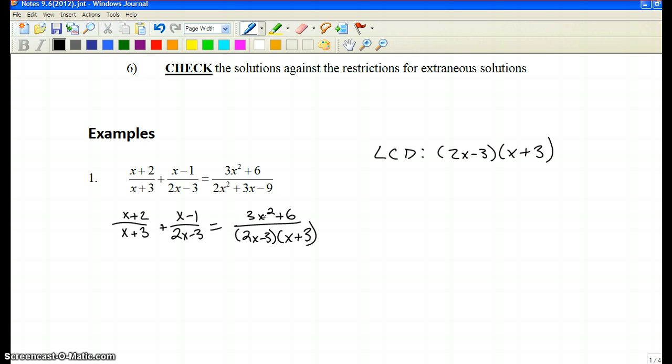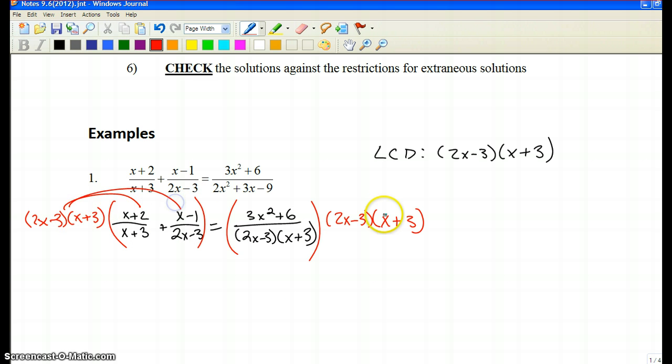So that's our setup. Once we factor that denominator, now we want to multiply both sides of the equation by the least common denominator. And that is going to get rid of all of our fractions. Essentially what we wind up doing is distributing this to all three parts.